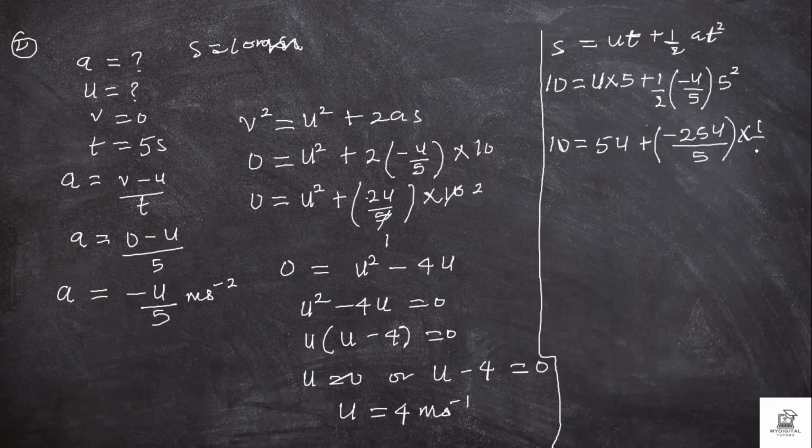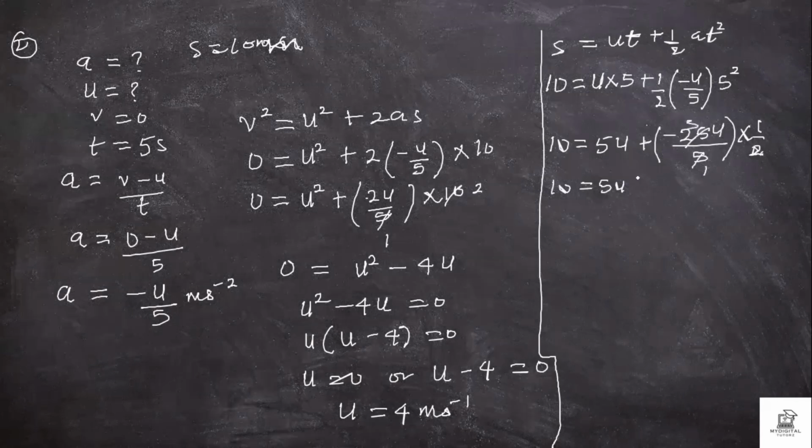Multiplied by 1 over 2, that is half. So that will give us 10 is equal to 5U. Then this will give us 5 here, 1; 5 here, 5. So this will be plus minus 5U into 1 over 2.